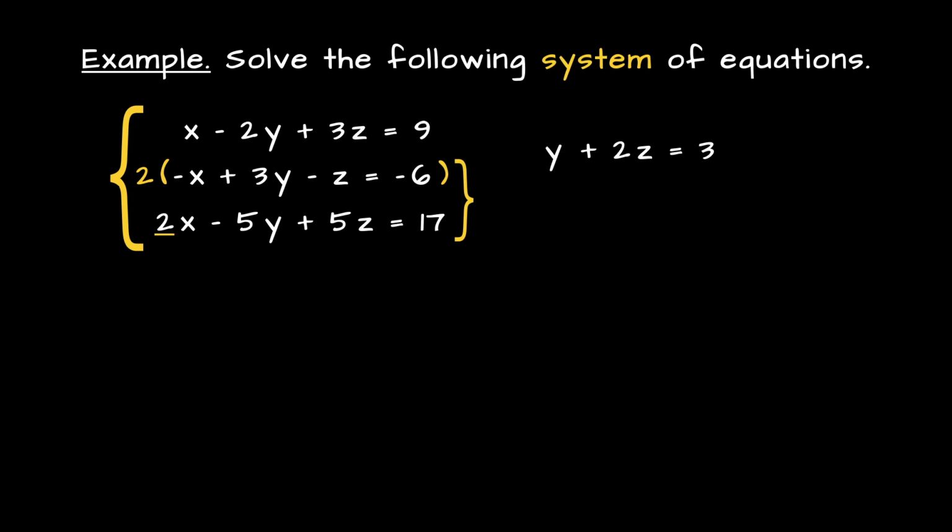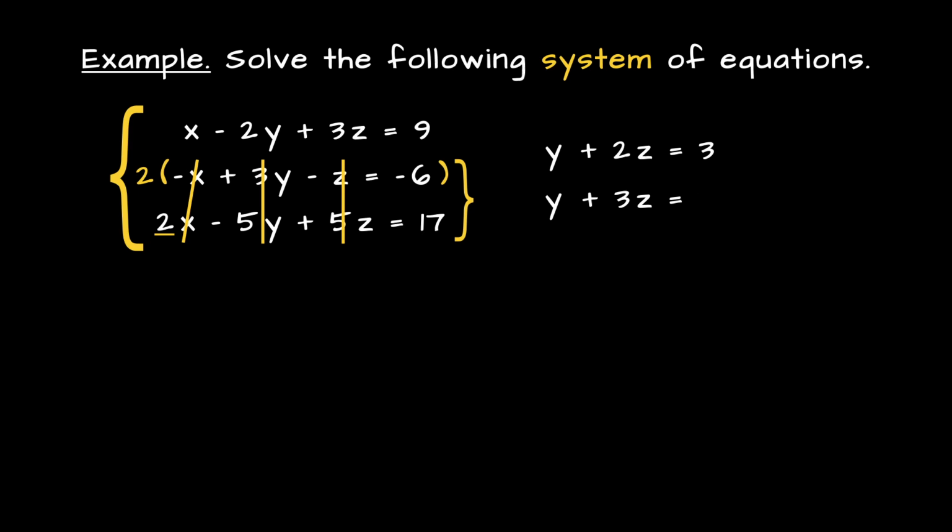The x terms, as we've said, cancel. Adding the y terms together gives us 2 times 3y minus 5y, that's just y. Adding the z terms together gives us 2 times negative z plus 5z, that's plus 3z.